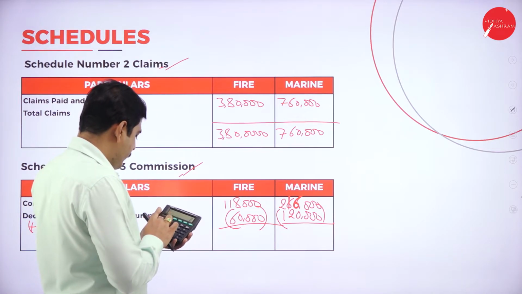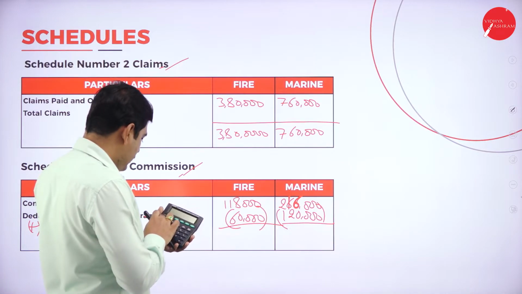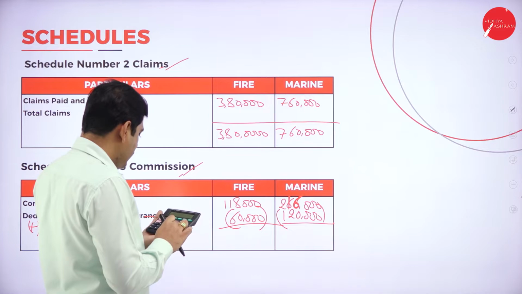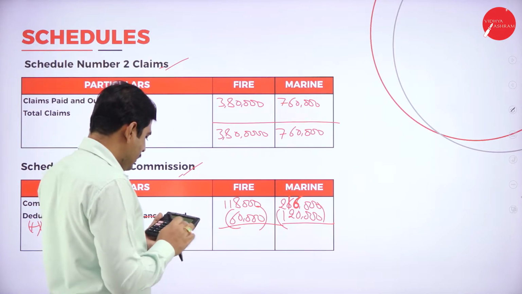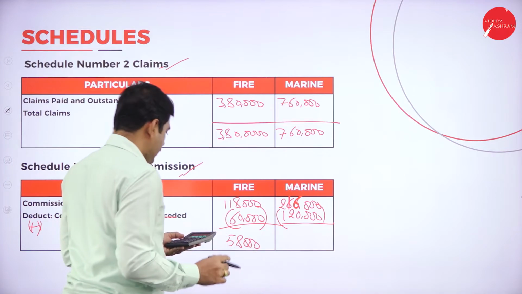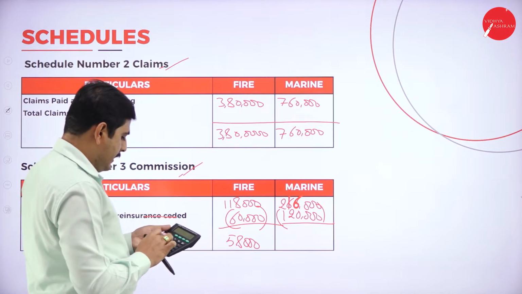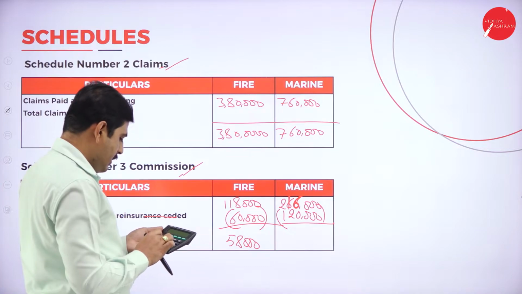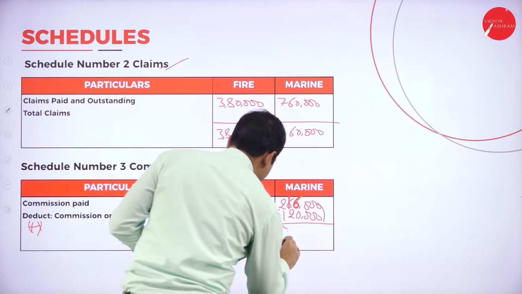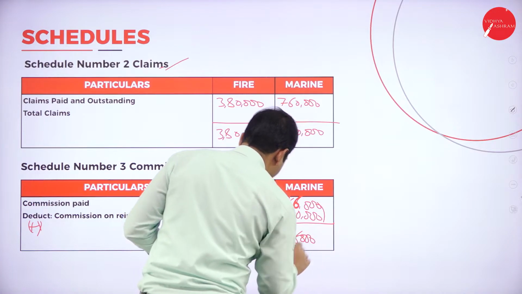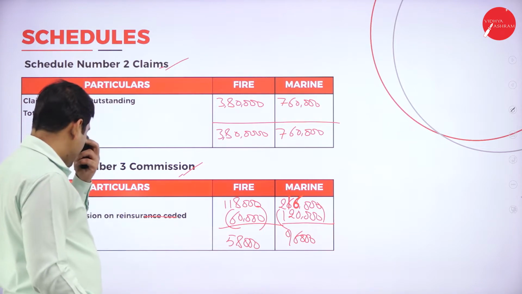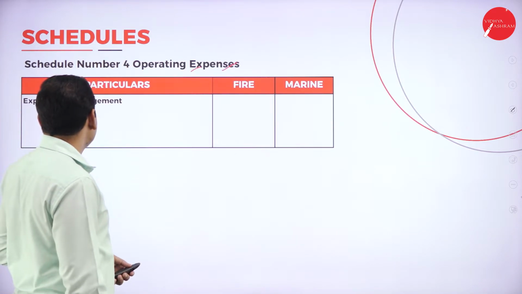So 1 lakh 18,000 minus 60,000 is 58,000. Next, 2,16,000 minus 1,20,000 is 96,000, the actual commission payable.